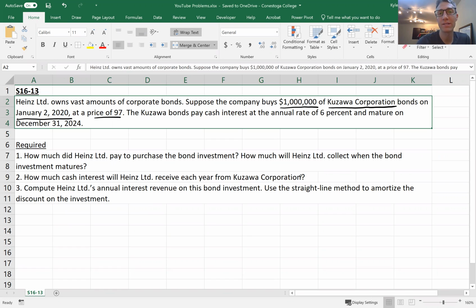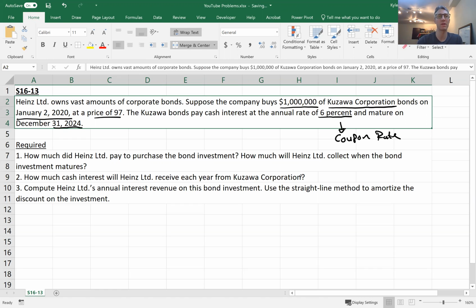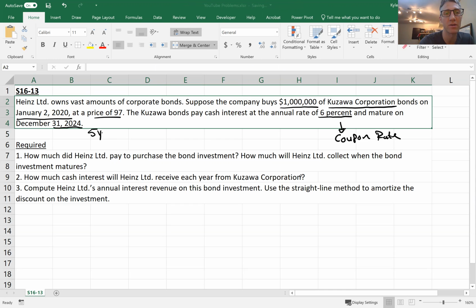The Kuzawa bonds pay interest at an annual rate of 6%. So this is going to be the coupon rate on the bond. And they mature on December 31st, 2024. So we can calculate the term here. We've got all of 2020, 21, 22, 23, and 24. So there's a 5-year term on this bond.